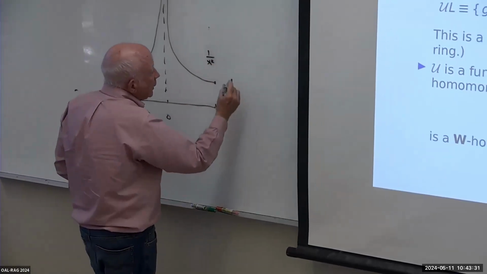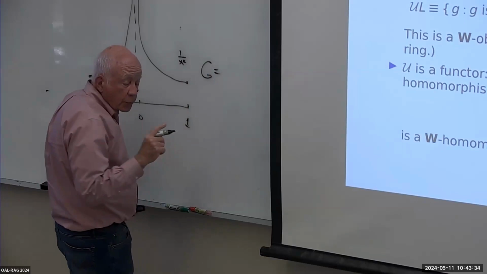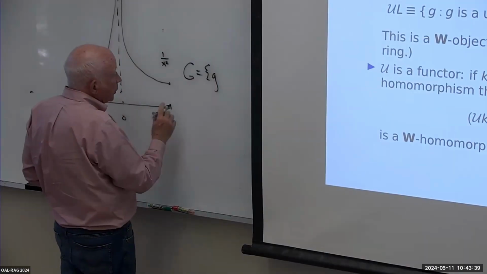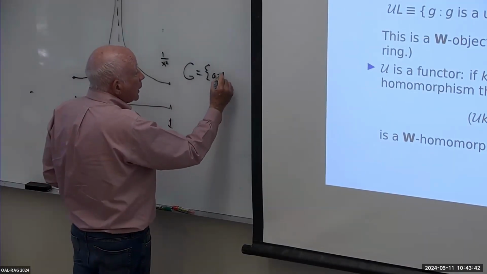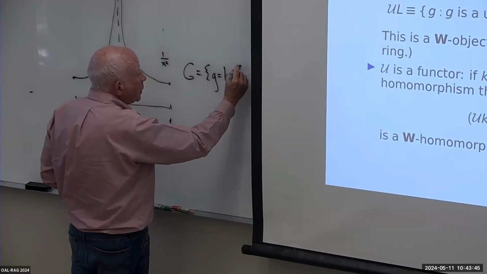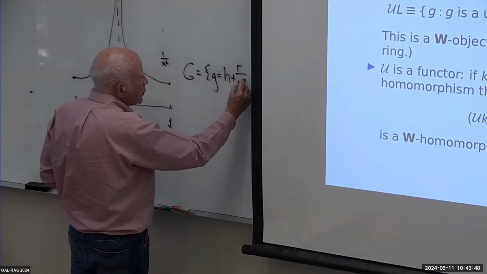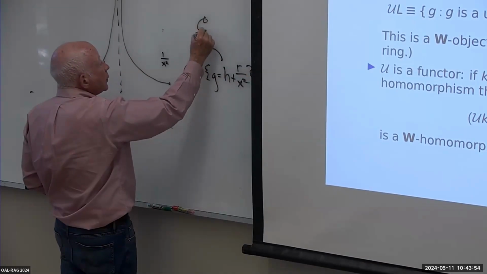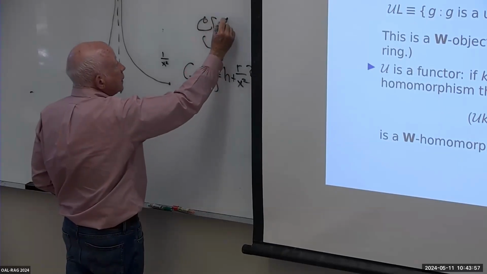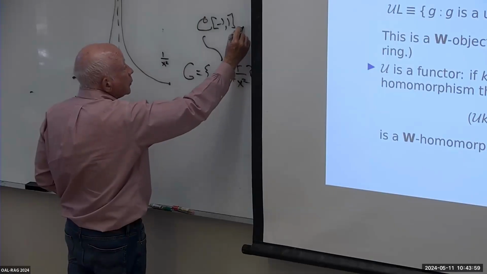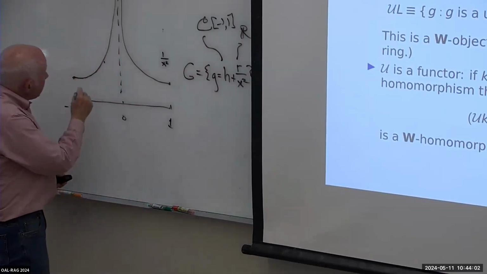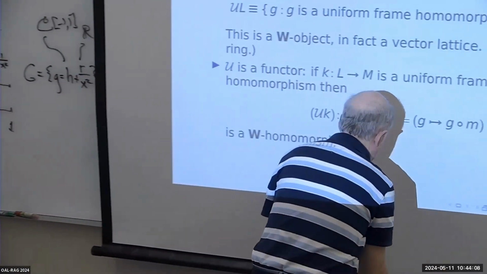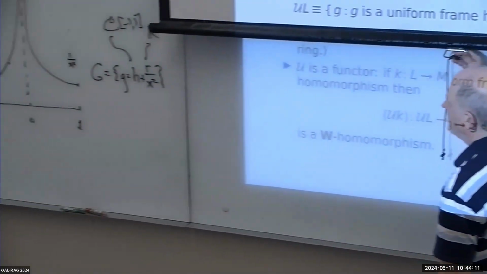Okay, and let the W object be, and this is close to your construction, the set of all functions on [-1, 1] which are of the form h plus r over x, where h is a member of C of [-1, 1] and r is a member of the real numbers, okay? So in other words, take any real valued function on [-1, 1] and add a multiple of this to it. That gives you a very nice W object, right?